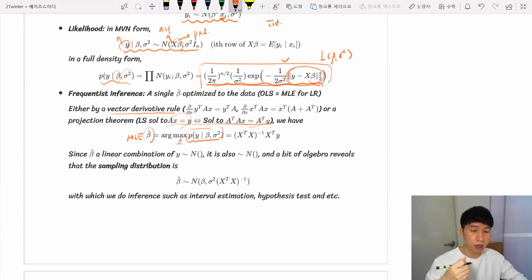estimate, you then go further to get the sampling distribution of this estimator, right? In this case, the estimator was a linear combination of y, which follows a normal distribution. So this beta hat also follows a normal distribution by the linearity of normal random variables.